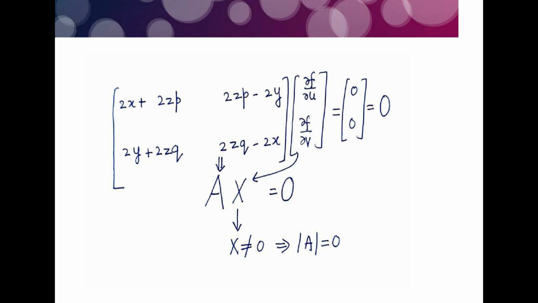And f of u and f of v both can't be 0 at the same time, otherwise the function will be just constant and we don't have any surface. So for a non-zero solution, determinant of A is 0, and if we put determinant A equal to 0, we have the same result as the partial differential equation for this particular problem.